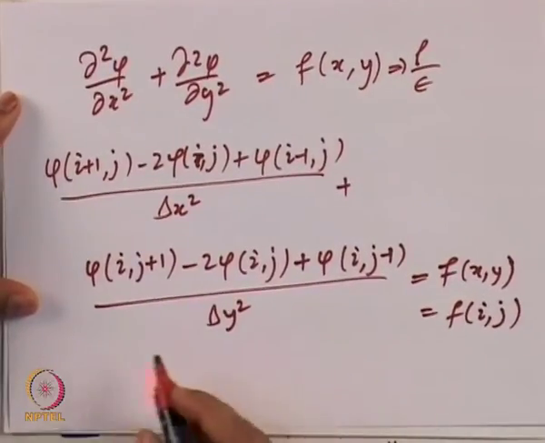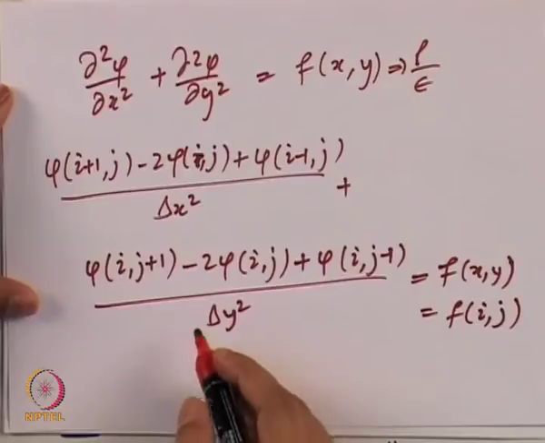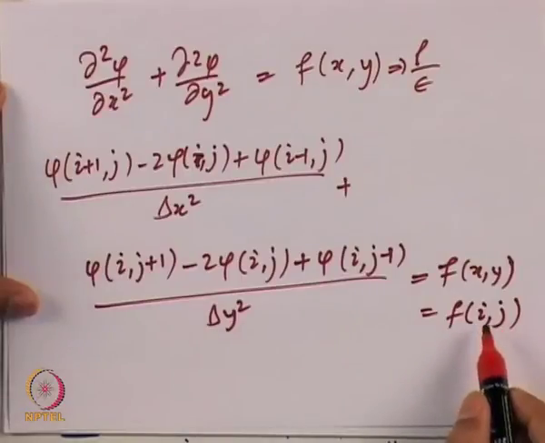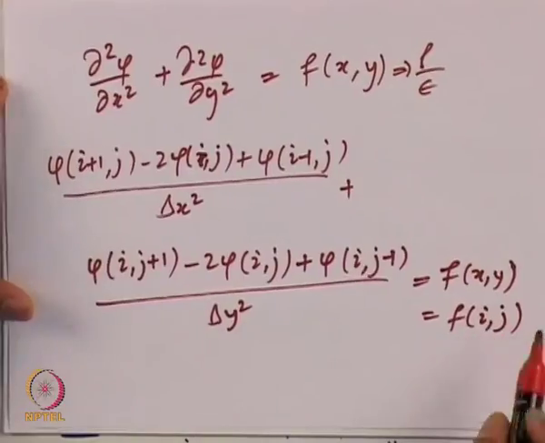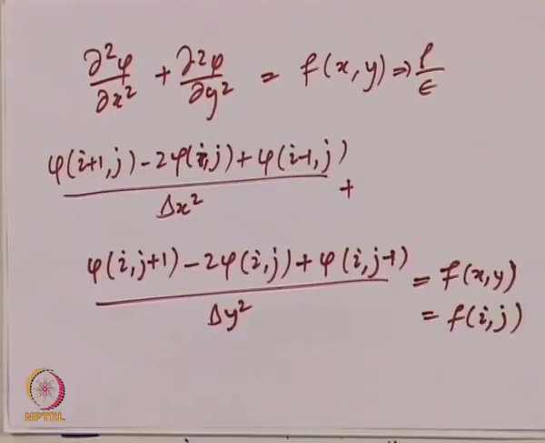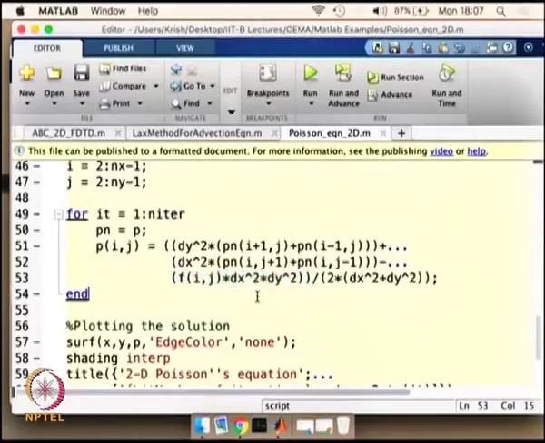And now when you rearrange the term, you are going to get on the right hand side the f term as well, and that is what you see in this particular equation here.